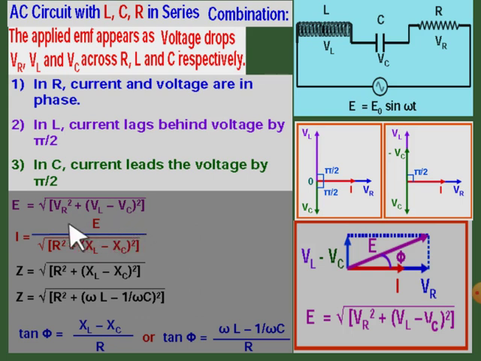Now your instantaneous EMF is equal to what? From this diagram you can find it out very easily by taking the help of the parallelogram law of vector addition that you have learned in class 11.